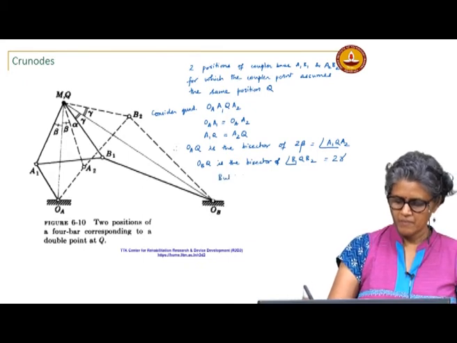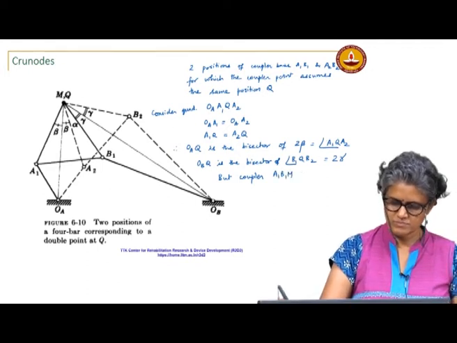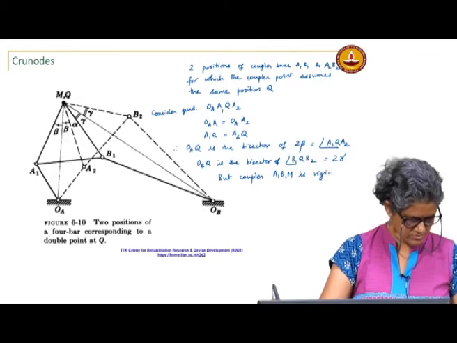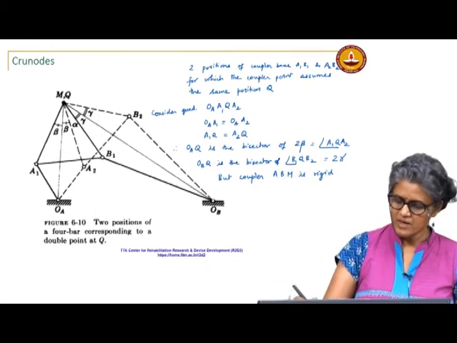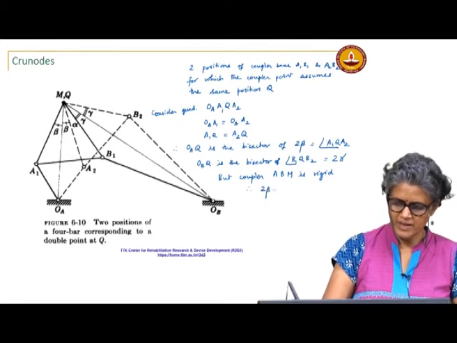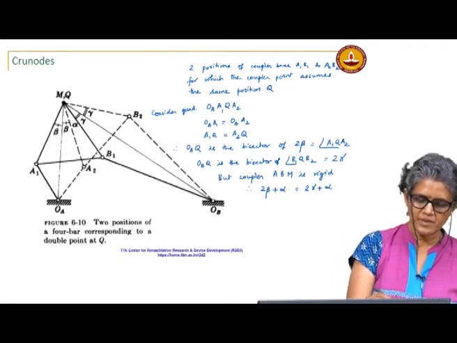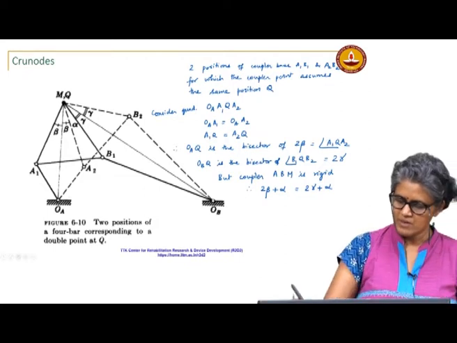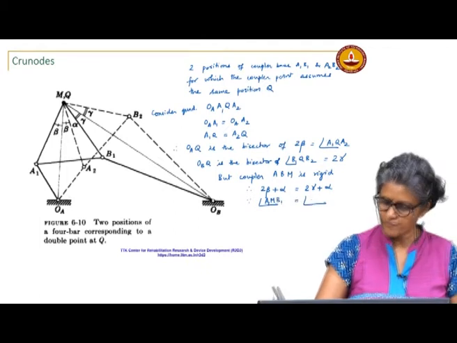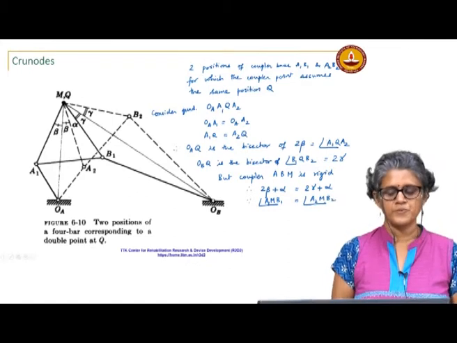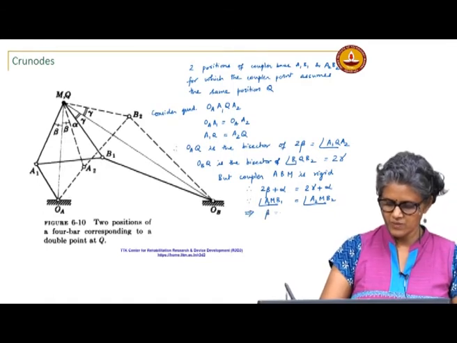Therefore, 2 beta plus alpha equals 2 gamma plus alpha, where alpha is the common angle. So, because angle A1 M B1 equals angle A2 M B2, therefore, beta equals gamma.